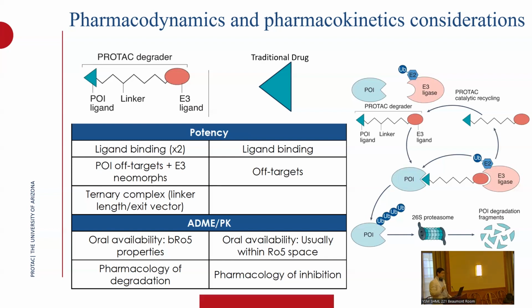And because of the two-ligand design, we also have to consider there's a doubling of the chance of off-target binding, whereas with the traditional drug, there's just one molecule, one off-target possibility. And number three, the nature of having two ligands linked by a linker means that there are three things that you could optimize.